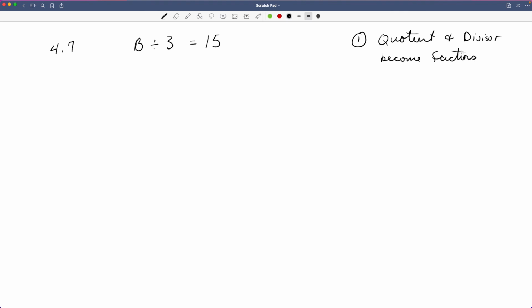And then the unknown dividend is the product. So all we do is we switch this around and say 15 times 3 is equal to b. So now we know that b is 45.